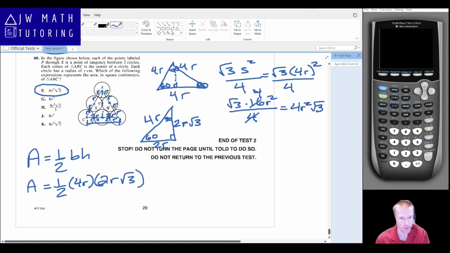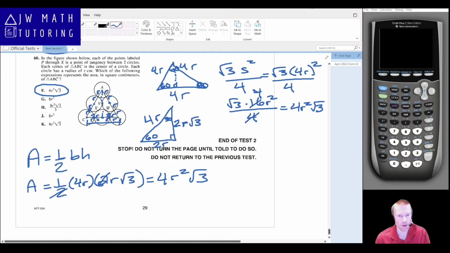And then when we multiply it all together, I'll just cancel out the 2's, and r times r is r squared. So I get 4r squared square root 3. Now, notice that's the exact same answer that we got using the previous method, the shortcut formula.